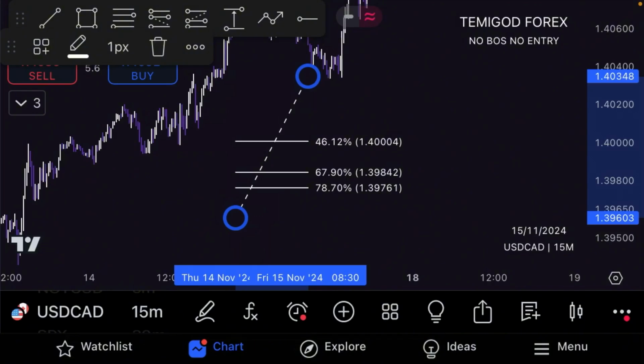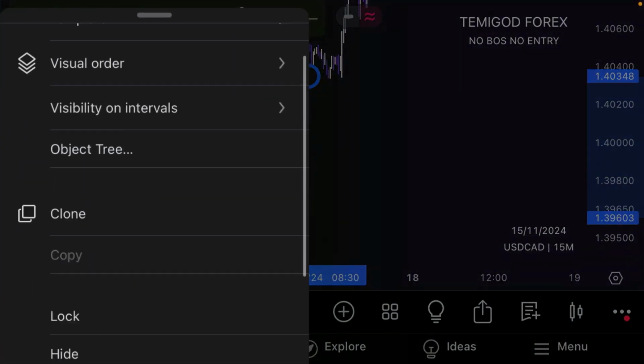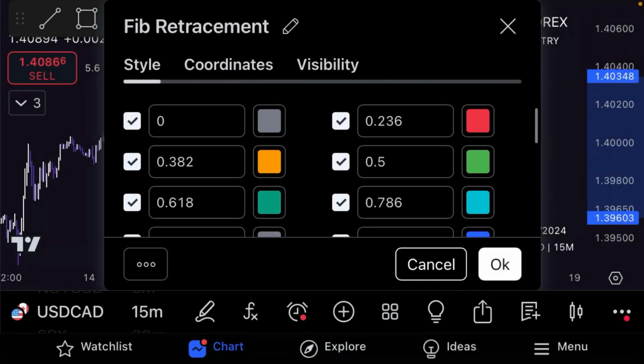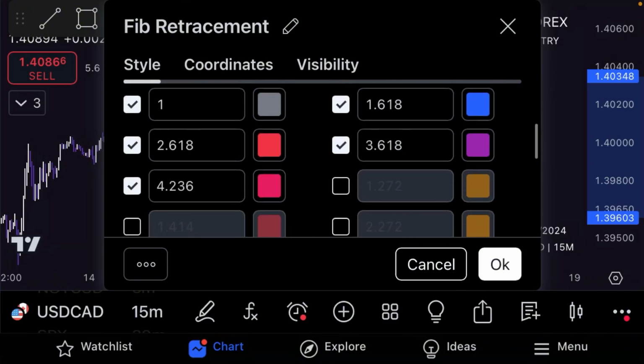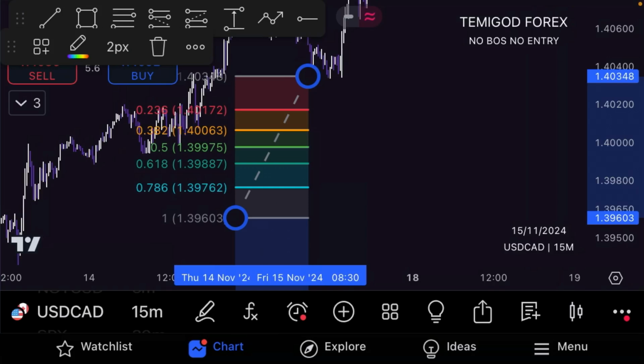Now let's go back to the normal default setup. When you check your normal default setup and you come to your settings this way, you want to see all these lines are turned on. You can see they are on, you can see they are on, but when it comes to my own setting, I only need a few areas on the Fibonacci settings, and those are the key areas that would be important for this special strategy I have for you.